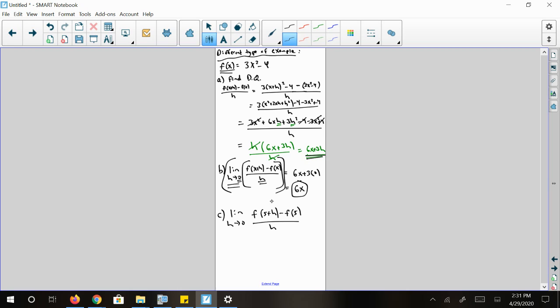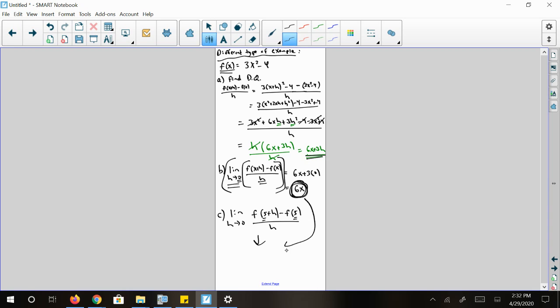Well, this time, the only thing that's happened is instead of having an x, we've substituted in a 5. Well, along the same lines of thinking, what we can now do is take this answer that we got on the last problem, and instead of having 6x, in place of that x, we can plug in a 5. And when I'm done here, 6 times 5 gives me a final answer of 30.